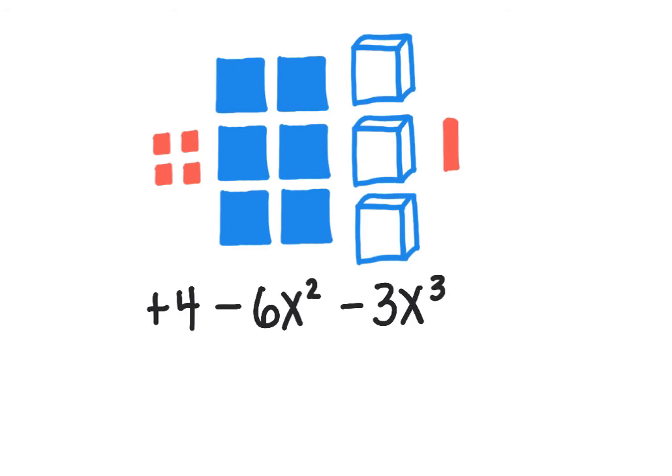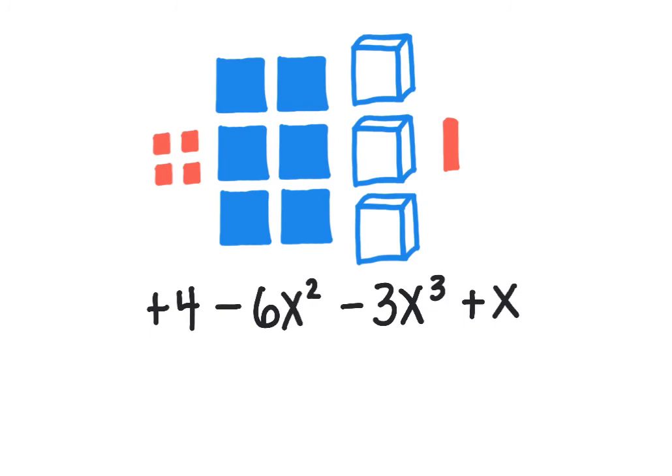For this expression, we have positive 4, and then we have negative 6x squared, and then we have negative 3x cubed, and finally we have positive 1x, or positive x. When we look at this expression, we would actually want to rearrange it.